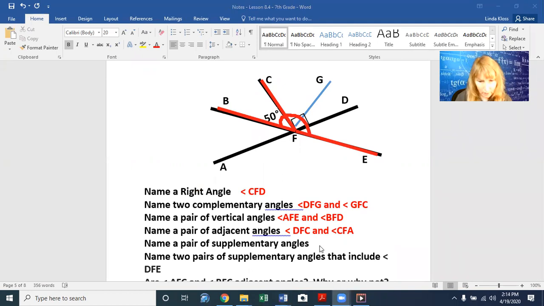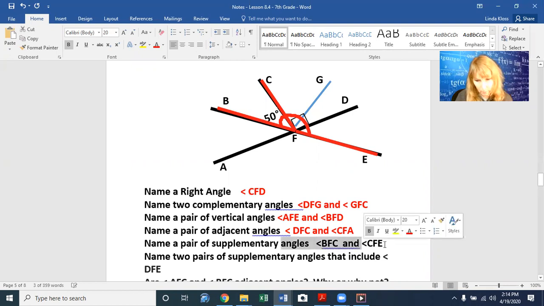So let's put that in there. I'll put that in red. Okay. Make sense so far?